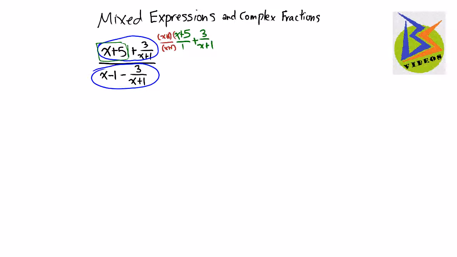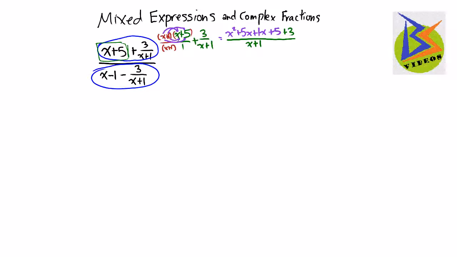And now what we need to do here is distribute, FOIL it out, distributing it through. Okay, and so we get x squared plus 5x plus 1x plus 5. And then we still have this plus 3 on the end of this, all over our common denominator of x plus 1.